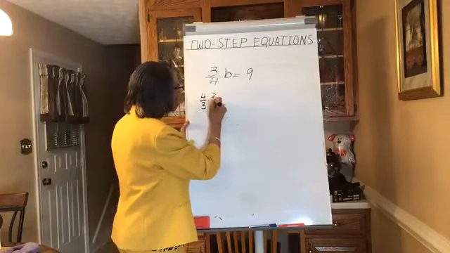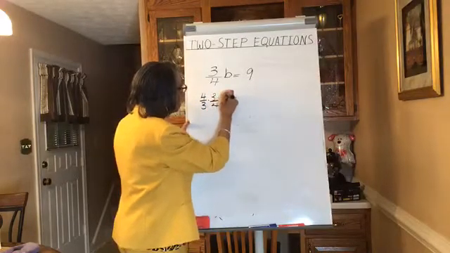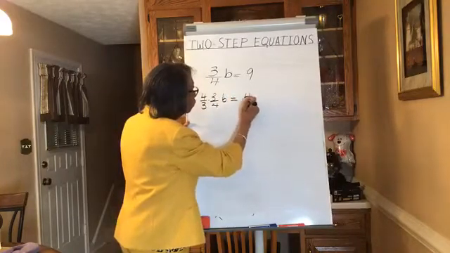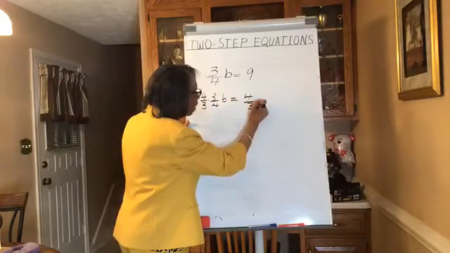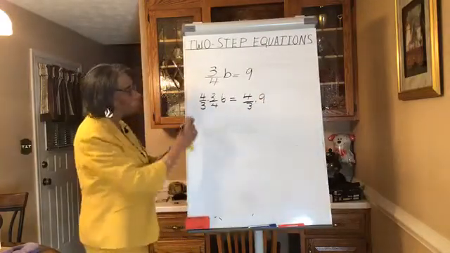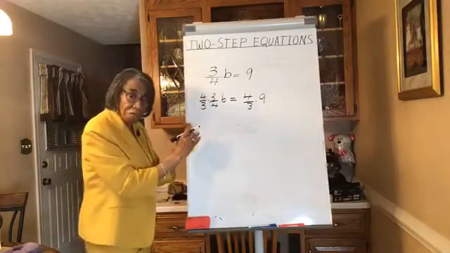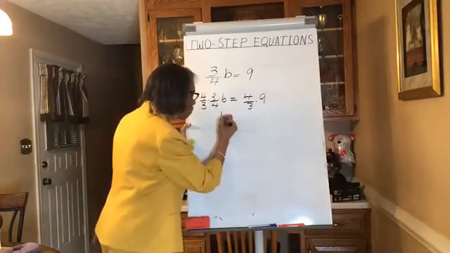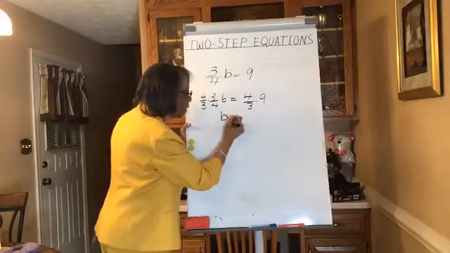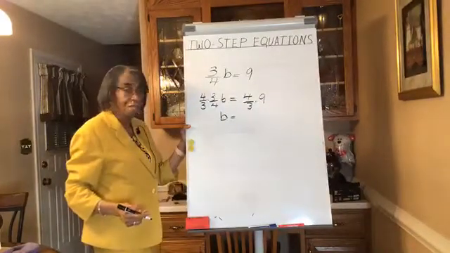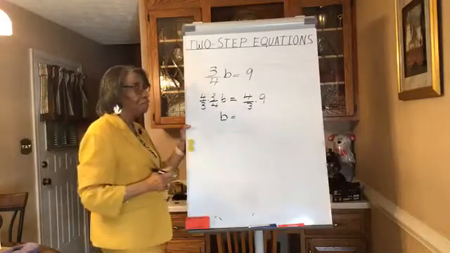So it's 4/3 times 3/4 b equals 4/3 times 9. All right, and we know that the product of reciprocals is 1. So this says 1b, and I'm not going to write the 1, equals, and now we have to multiply 4/3 times 9.